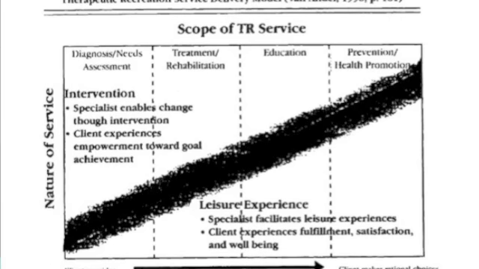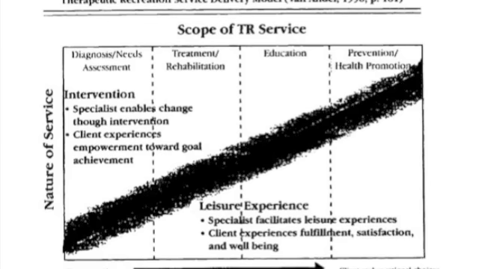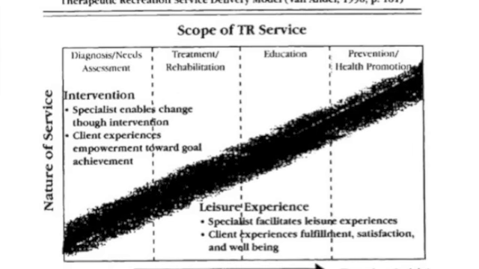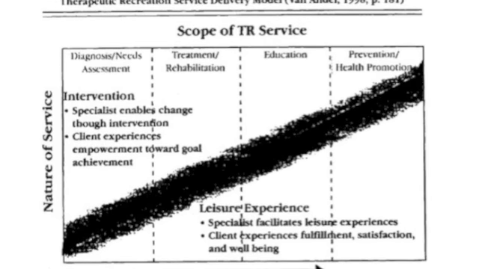In these four areas of service, starting with diagnosis and needs assessment at the top left of the diagram, the diagnosis and assessment component focuses on determining the strengths, limitations, and abilities of the participant in reaching goals. Some leisure activities may be used, but most specialists use structured interviews, agency-generated assessments, or standardized assessment tools to determine strengths or limitations.